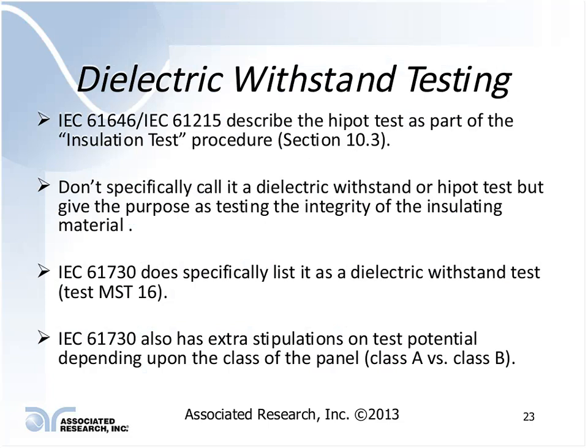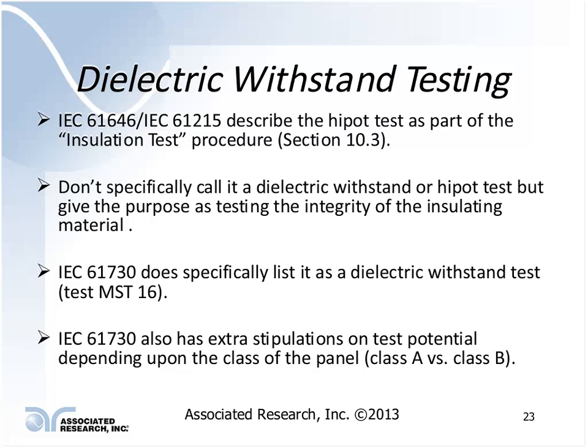In section 10.6 of 61730, which is the MST 16 test, they say this test is identical to test 10.3 from IEC 61215 and IEC 61646, with test levels depending upon the application class and maximum system voltage.